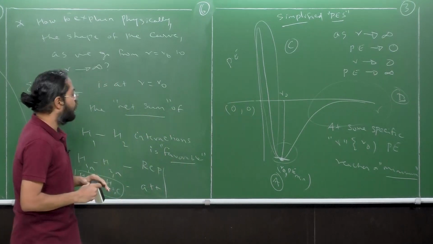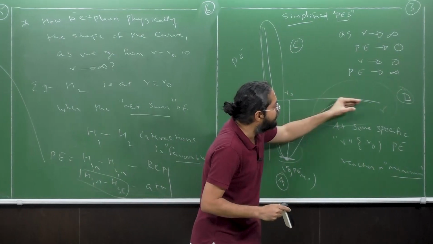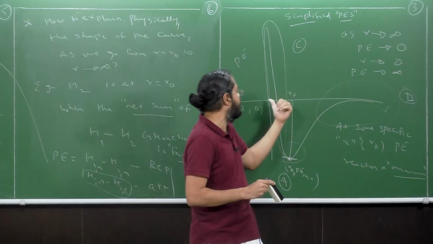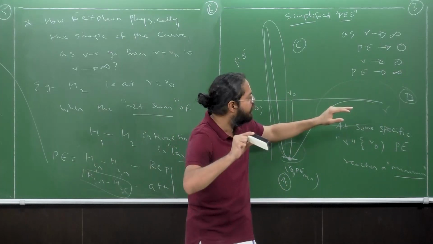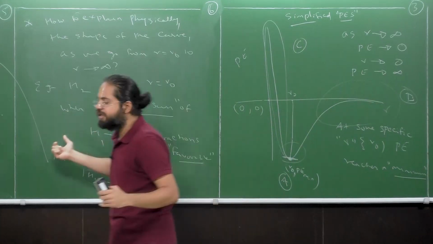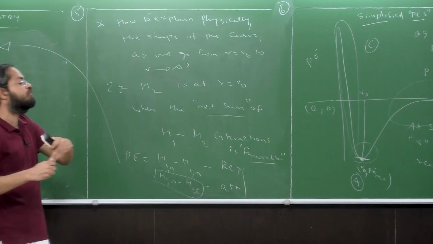So there's a steep increase to begin with, and after that there is an asymptotic approach. By asymptotic, it approaches zero energy, but it is never zero. Each hydrogen, H1 and H2, never experiences the presence of each other.